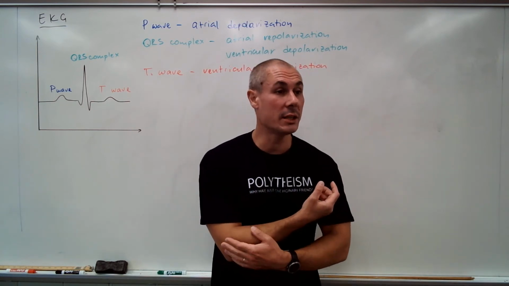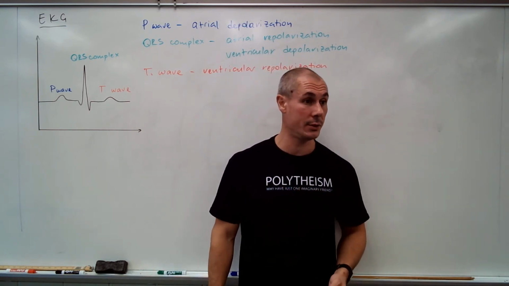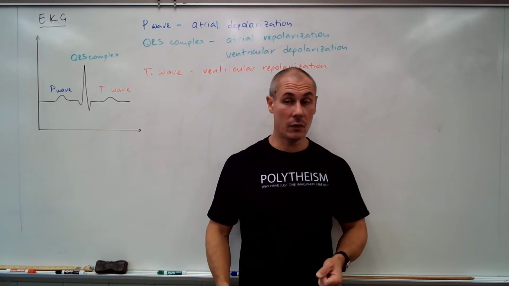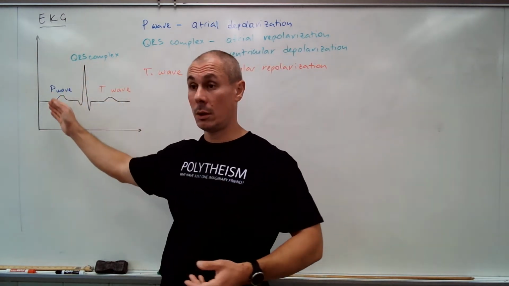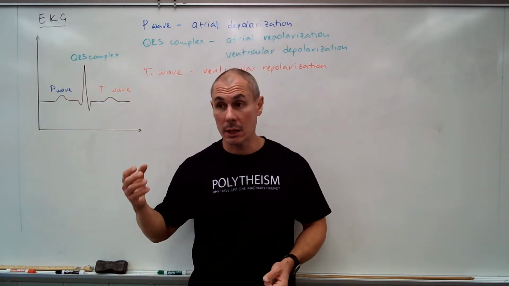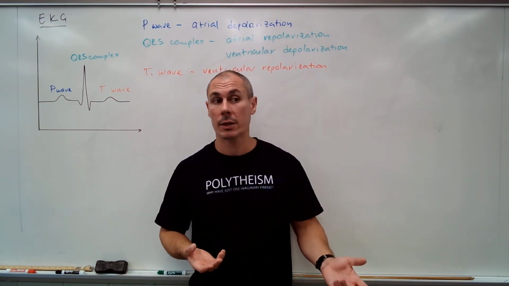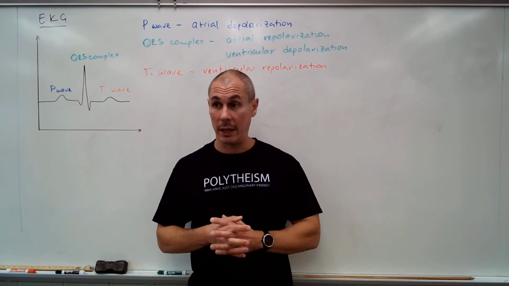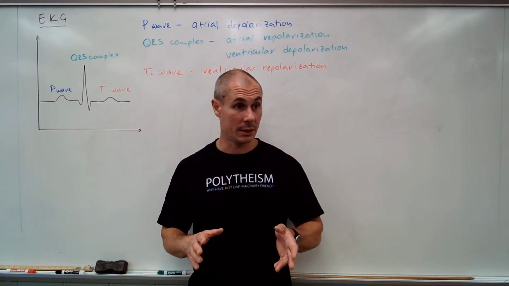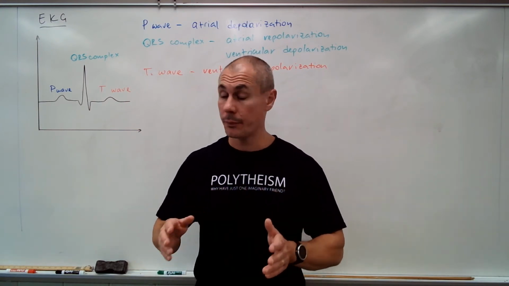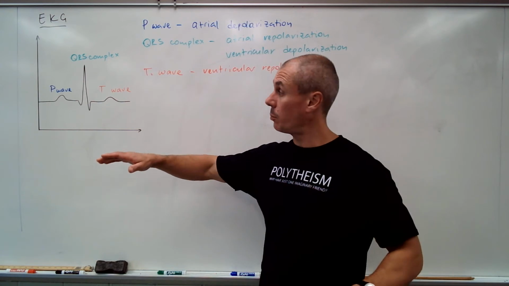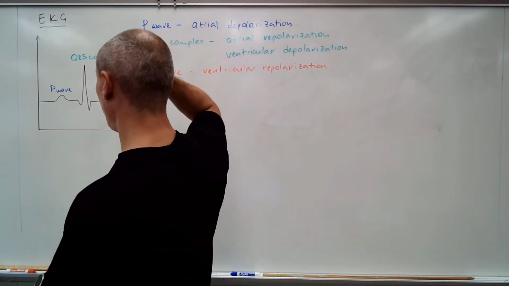Basically, how long the contraction is, and these parameters, the shape of your EKG, can change, for instance in myocardial infarction and in various abnormalities of the heart. So again, P wave is atrial depolarization.